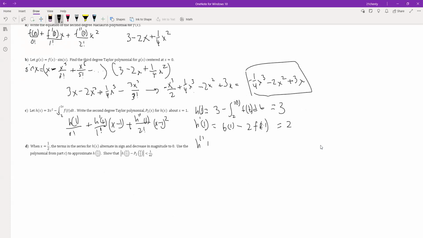And now h double prime of 1 equals, well, let's just take the derivative again. So we had 6x above, that now becomes 6. And then instead of 2 f of 2x, we get 2 f prime of 2x times, we've got a chain rule, so times 2.